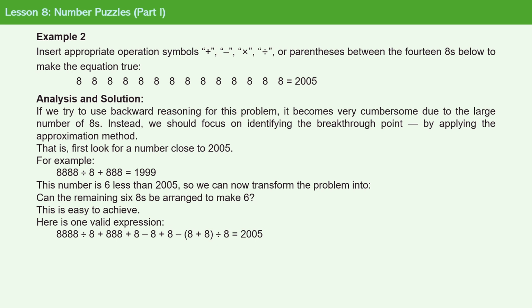That is, first look for a number close to 2005. For example, 8,888 divided by 8 plus 888 equals 1,999. This number is 6 less than 2005, so we can now transform the problem into, can the remaining 6 eights be arranged to make 6? This is easy to achieve. Here is one valid expression.